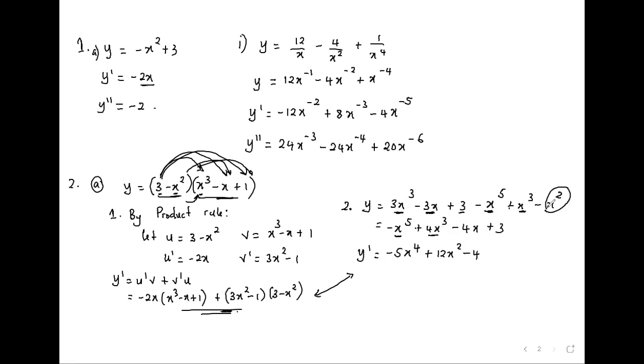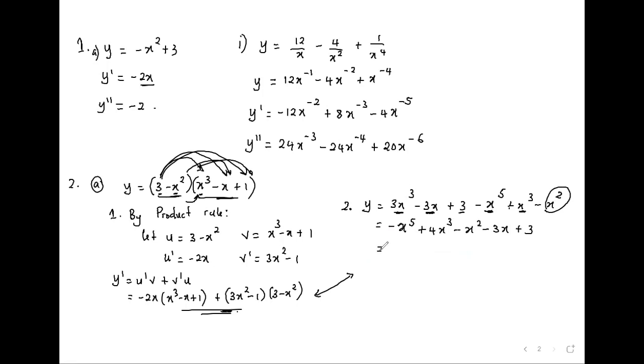So we had added, so now we'll add. Okay, so we'll do it nicely. So now we have minus x^5 plus 4x^3 minus x squared minus 3x plus 3.